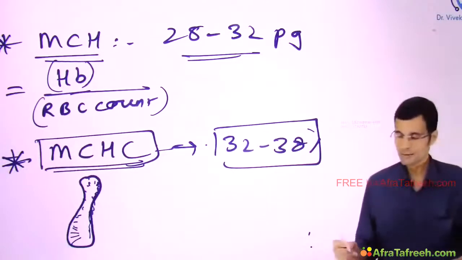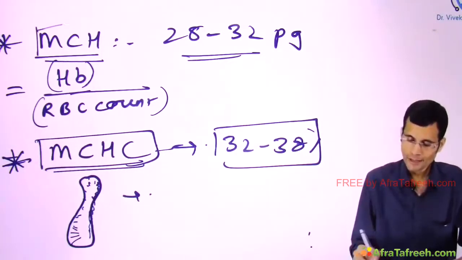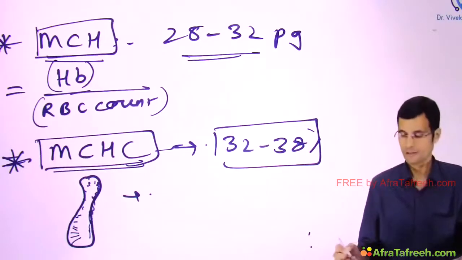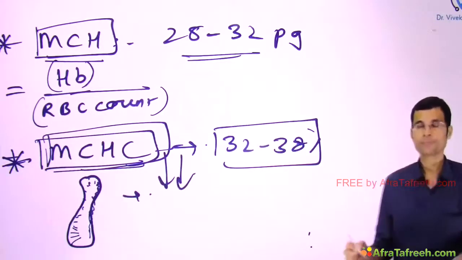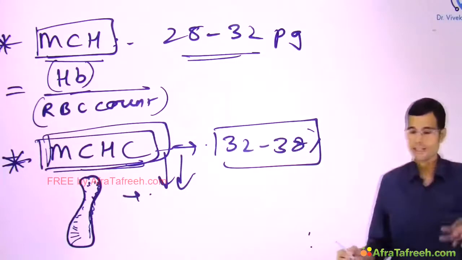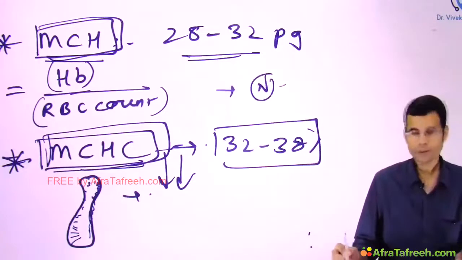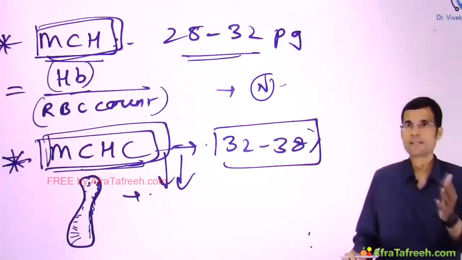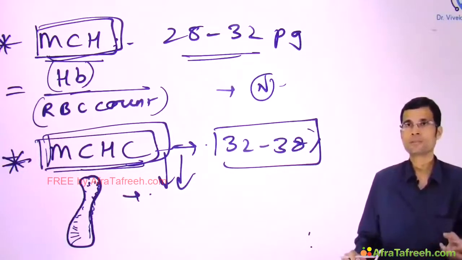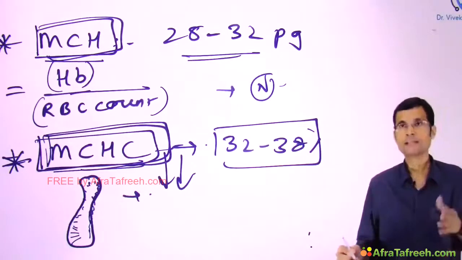What is the significance of this? Consider this. If the MCH is normal, but the MCHC has reduced, what will be your inference? If the mean corpuscular hemoglobin is normal, that means on an average in one RBC the amount of hemoglobin is normal. But MCHC has reduced.